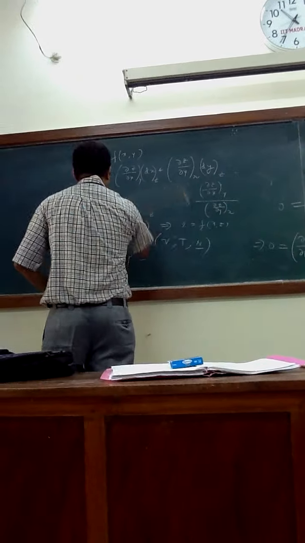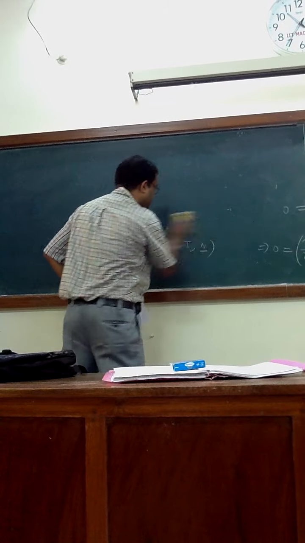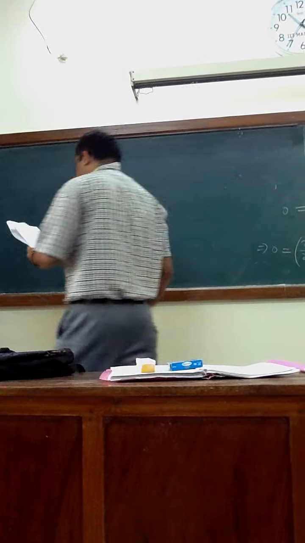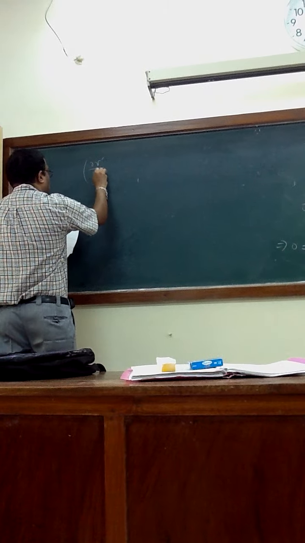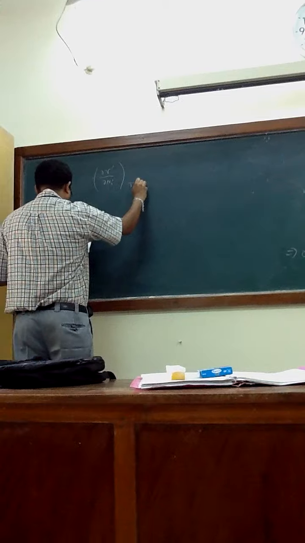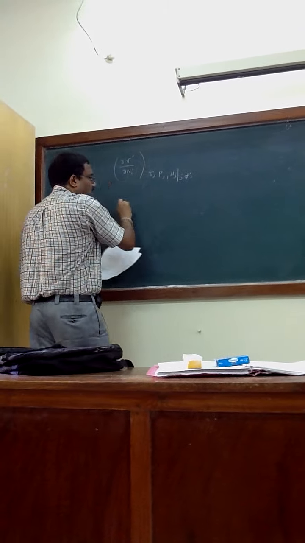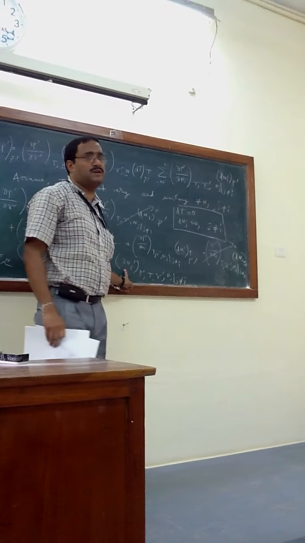Your question was ∂V'/∂ni at T, P, nj j not equals to 1. And now we can see that ∂V'/∂ni prime is coming.